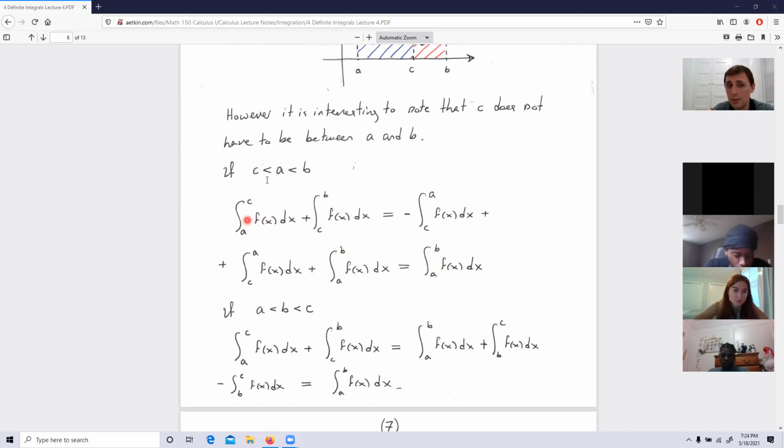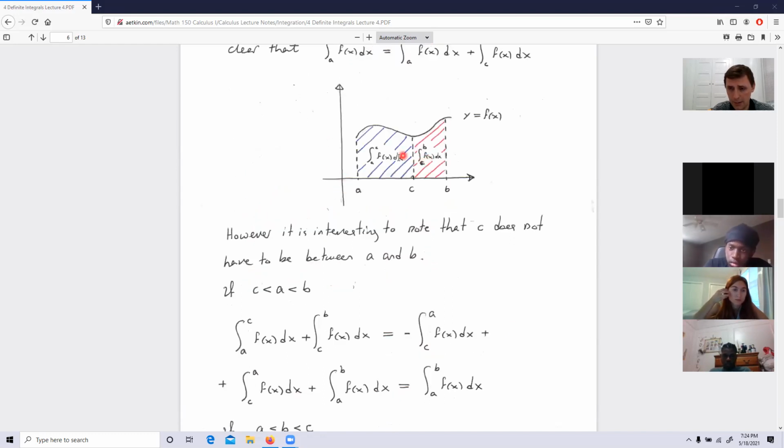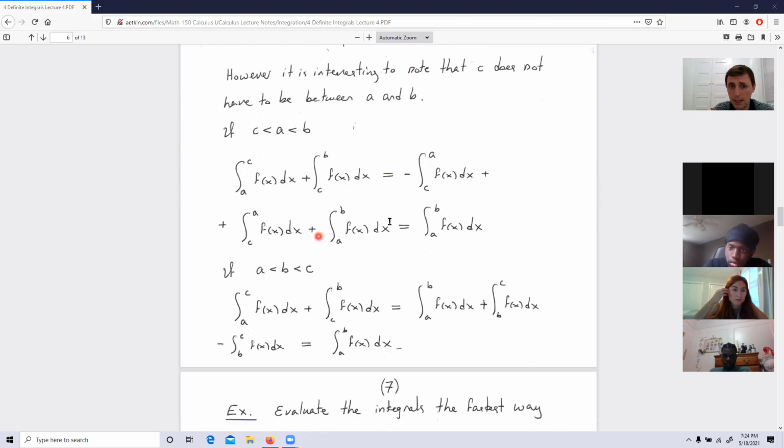If you see what I'm doing, guys, I'm saying that even if c is below a, this property still holds, that the sum of integrals from a to c plus c to b will be the integral from a to b. And that's because if c is below a, I can first reverse this to be minus c to a. And then the integral from c to b, I can break from c to a and then from a to b because of a similar picture. And then I get my property.